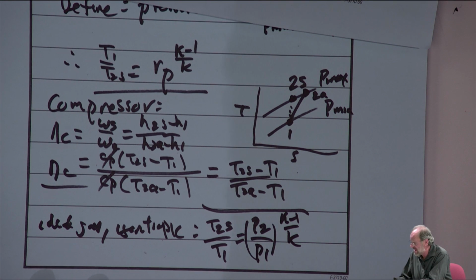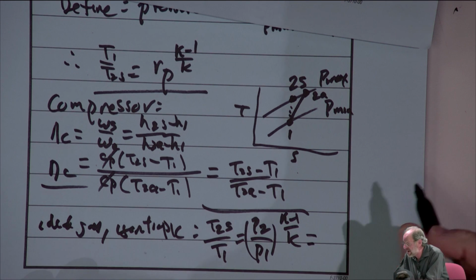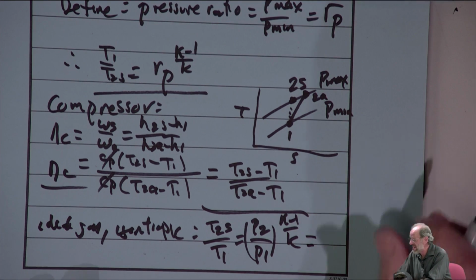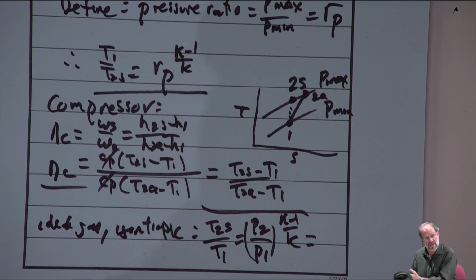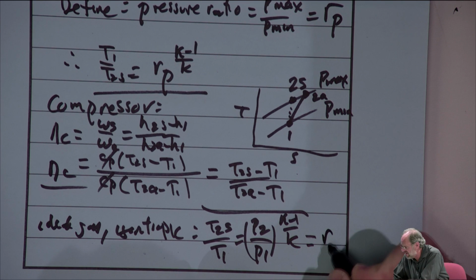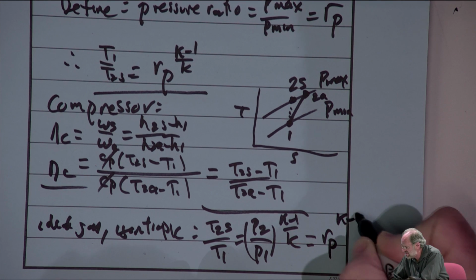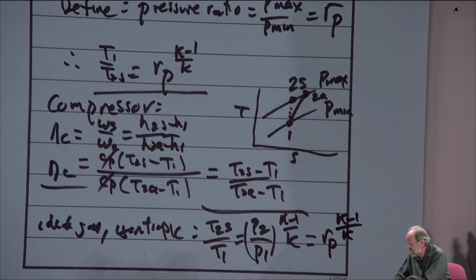So that equation still is certainly going to apply. And I've already defined the pressure ratio as P max over P min. Keep in mind that P max is P2 for the compressor, P min is P1. So this is still the pressure ratio, which is our R sub P, raised to the K minus 1 over K power.